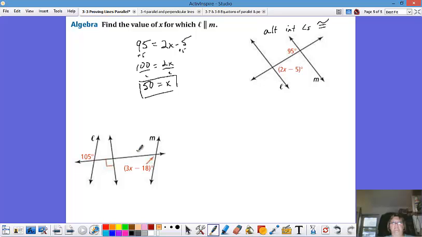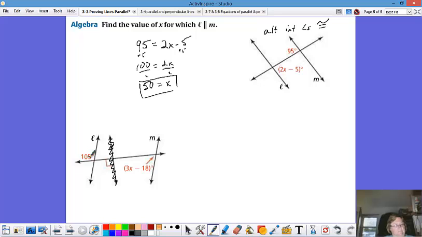Now this one, oh, I think they're trying to do something to us. I think they're trying to mess us up, but we're not going to let them. We want L and M to be parallel. L and M, that's what the instructions say. So really, this is a lovely little line, but it doesn't mean a thing for us. Because if we want L and M to be parallel, then we got to worry about the angles that are around them.